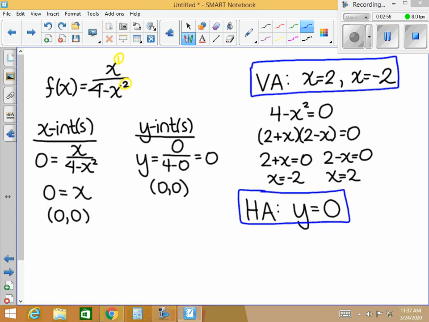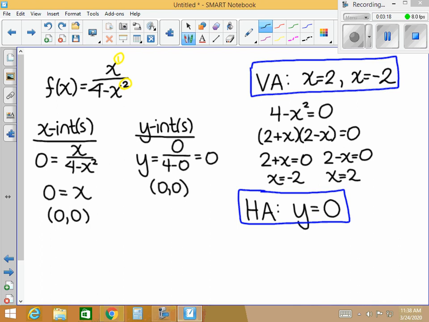And the degrees were the same on the last example, so we looked at the ratio of the leading coefficients. If there was an x squared on the top, then 1 over negative 1 would be our horizontal line. But because the degrees are different and the degree on the bottom is bigger, that means y equals 0 is our asymptote.